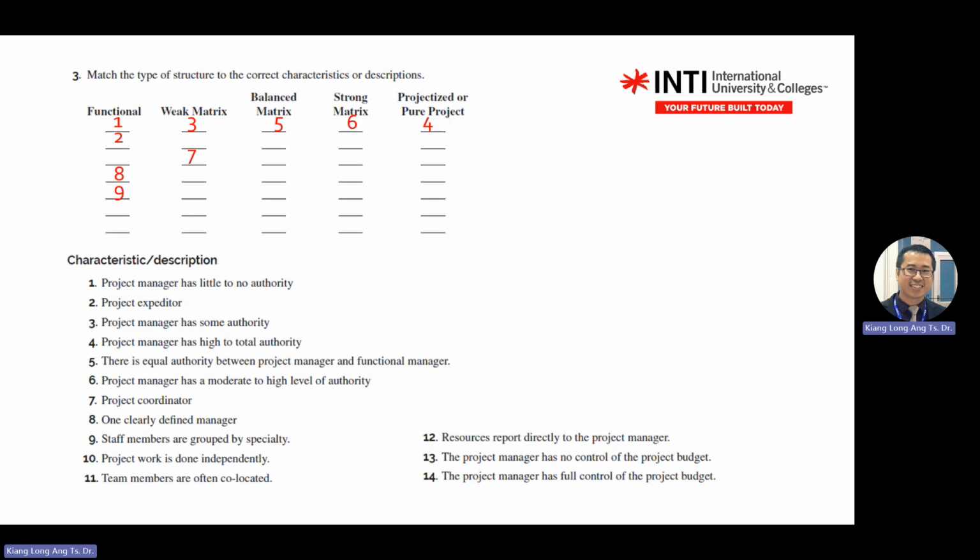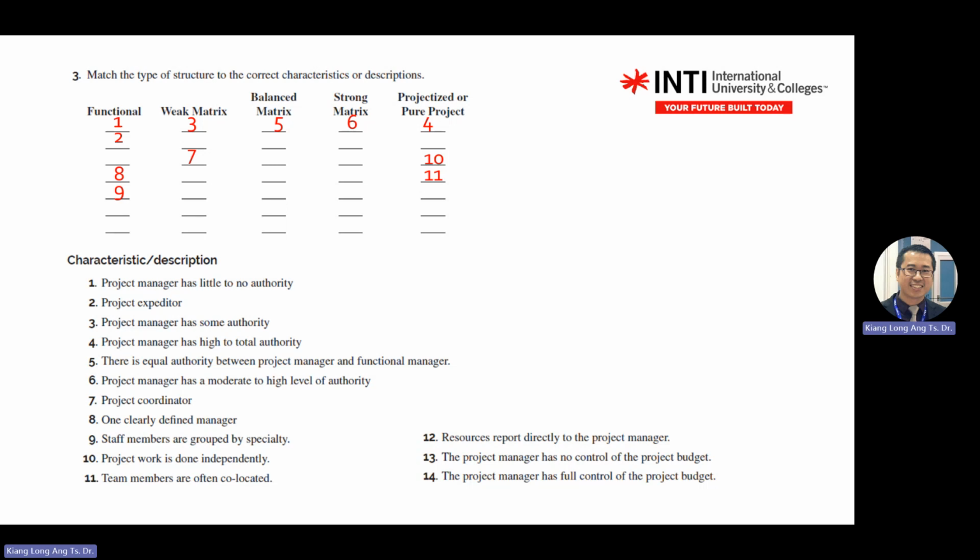Sure it is not functional, so it will be pure projects. It means for your project you have your own authority and so on. Team members are often co-located. Co-located here, sure not functional already, so it will go to pure project.